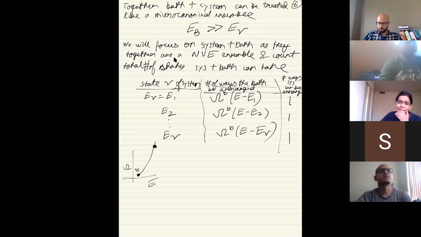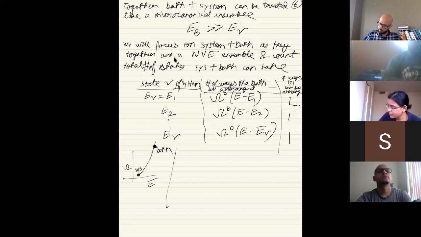The number of ways the bath can be arranged is so much larger that instead of fixating over the smaller number, just set it equal to 1 and don't worry about it. As the derivation proceeds, you will see that even if you set it to some other smaller number, it would disappear, it won't matter. But for now, let's just set it equal to 1.